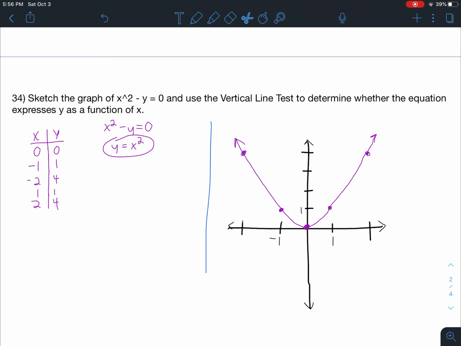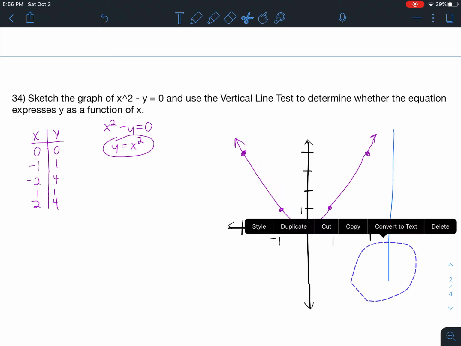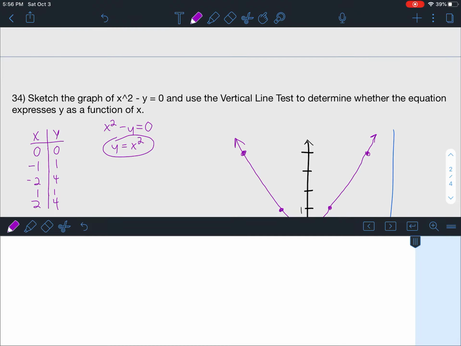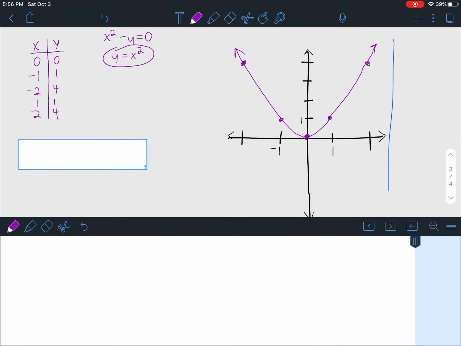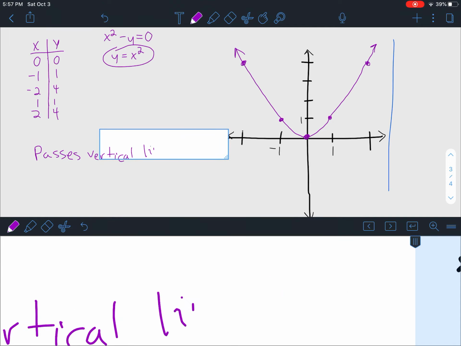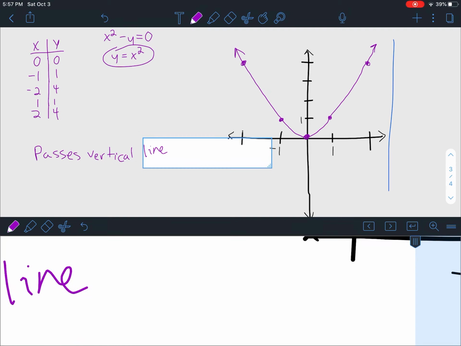If you sweep the vertical line across the x-axis like this, notice how the blue and purple lines never intersect at more than one place at once, which means that this function does pass the vertical line test. So I'm just going to write that, passes vertical line test, which means it expresses y as a function of x.